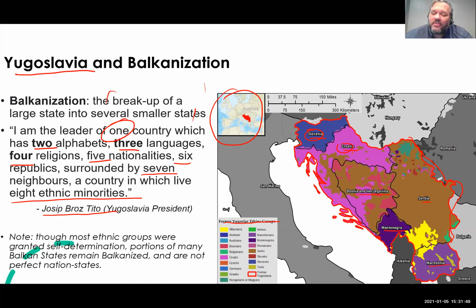Remember, nation states would say that everybody is really the same culture, same ethnicity, all that kind of stuff. And so when we look at this map, we have Serbs here and Croatians here, so that's not really there. We just heard about Kosovo, so no there.